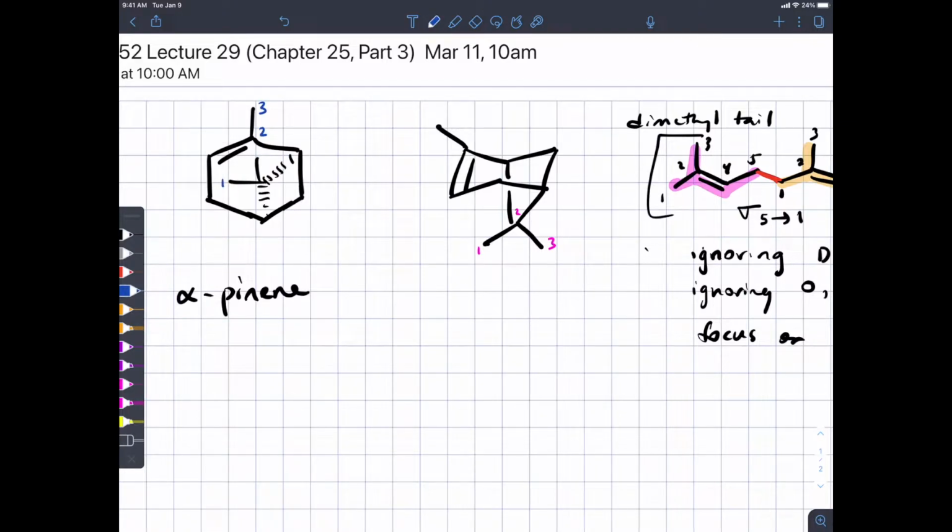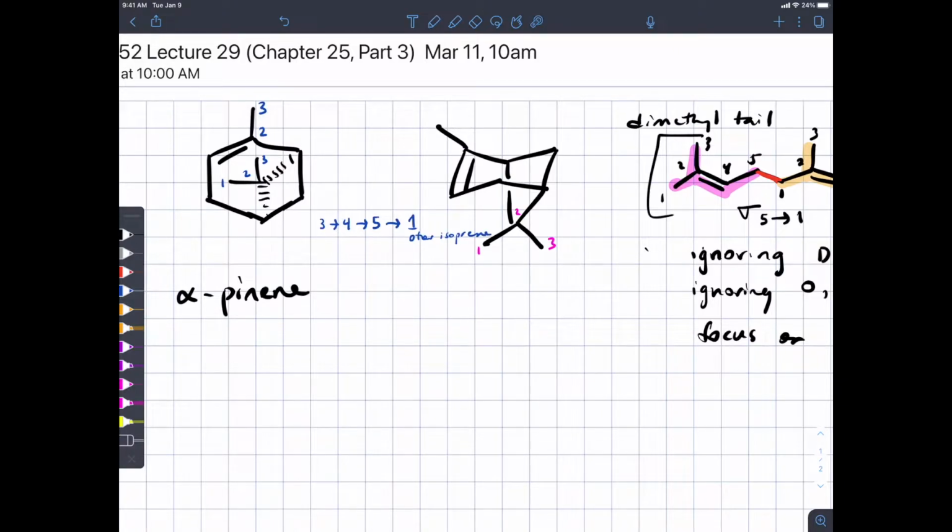All right, so we're working our way through. Once you identify 1, 2, and 3 on the dimethyl tail, then you have to choose what the next carbon is. You have to choose which one is carbon 4. And whatever you choose to call carbon 4 has to be bonded to 5, which has to be bonded to 1 of another isoprene unit.